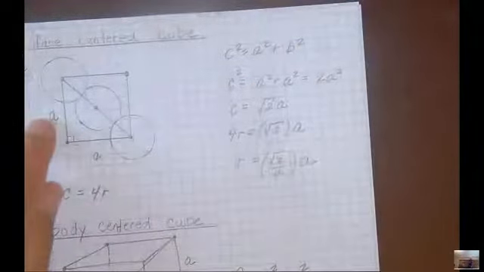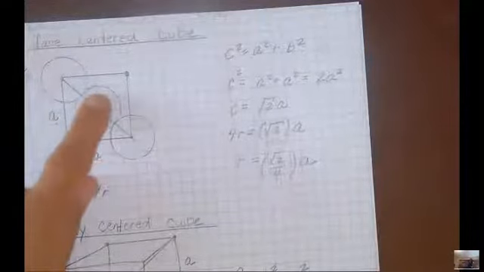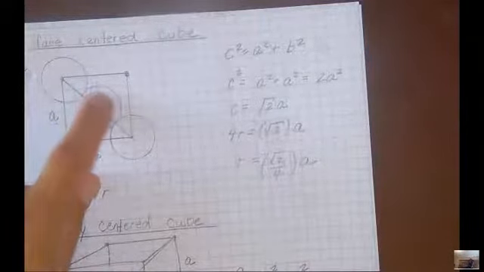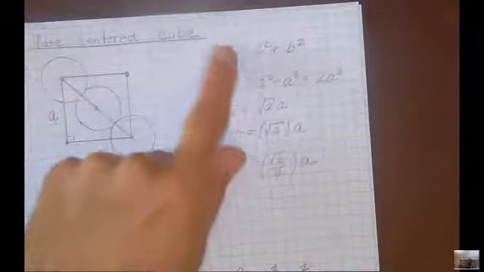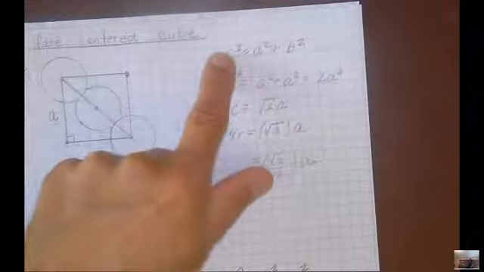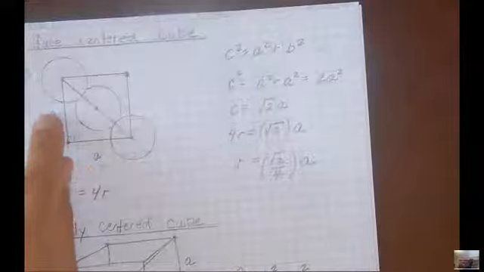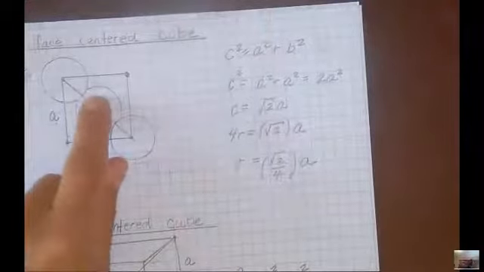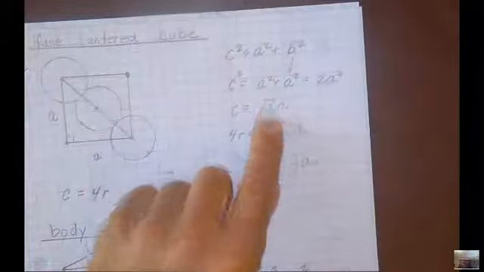In a normal rectangle, this would be A, this would be B, and the hypotenuse would be C. But in our case it simplifies because B is not its own unique length; it's the same as A. So we have A squared plus A squared, substituting another A squared in for B squared.